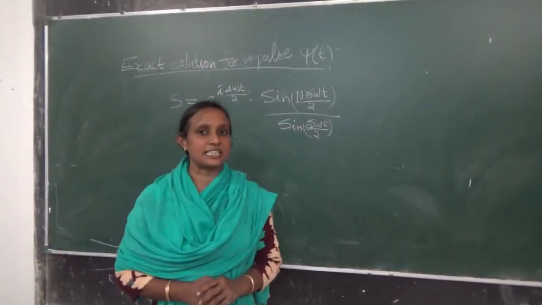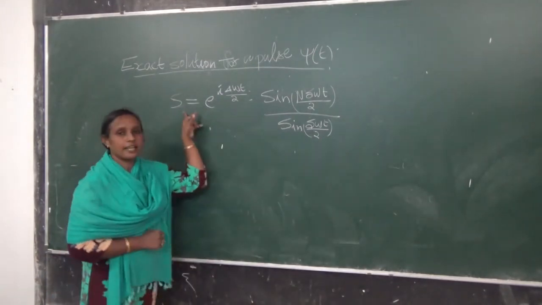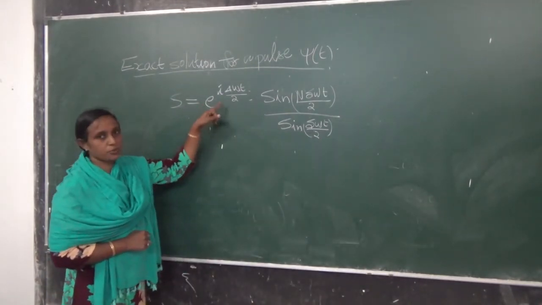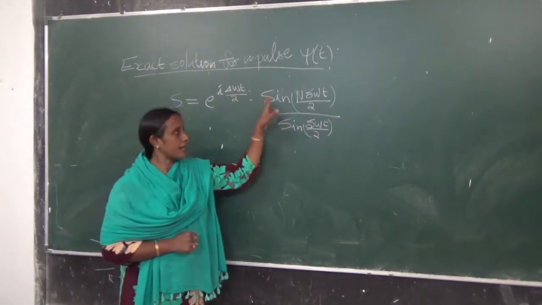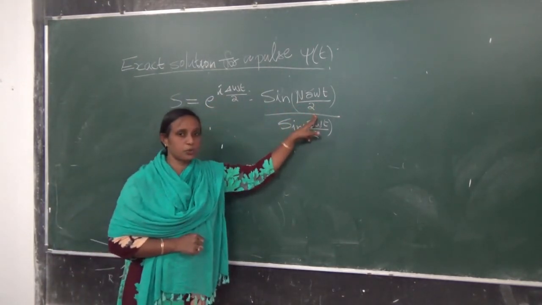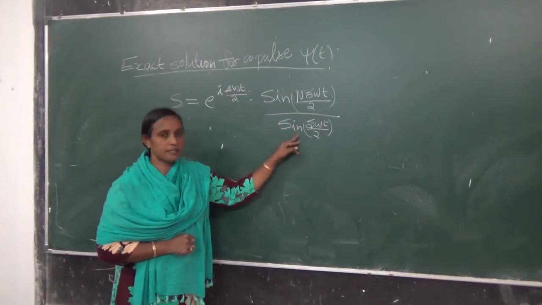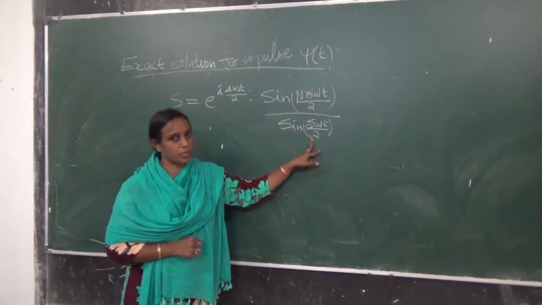So we get S such that S equal to e raised to i delta omega t by 2 sin n delta omega t by 2 divided by sin delta omega t by 2.